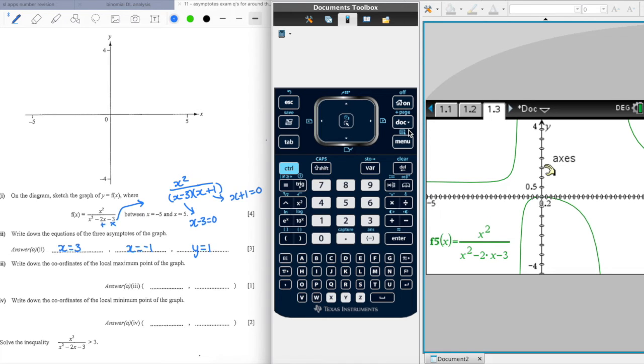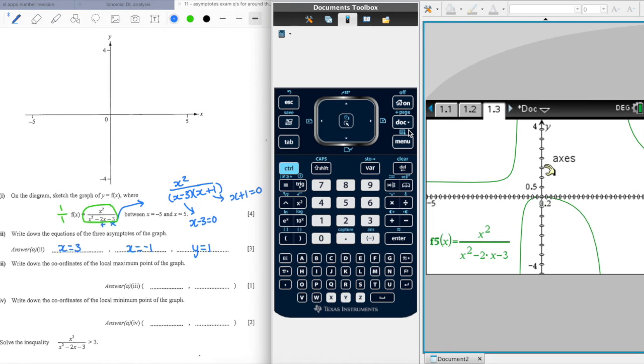One way we can find that is by asking ourselves what the biggest power of x is in that whole function. Within my original function, the biggest power of x is x squared, and I have 1x squared over 1x squared. So that's where we get the y asymptote. 1 divided by 1 is equal to 1, so y is equal to 1.